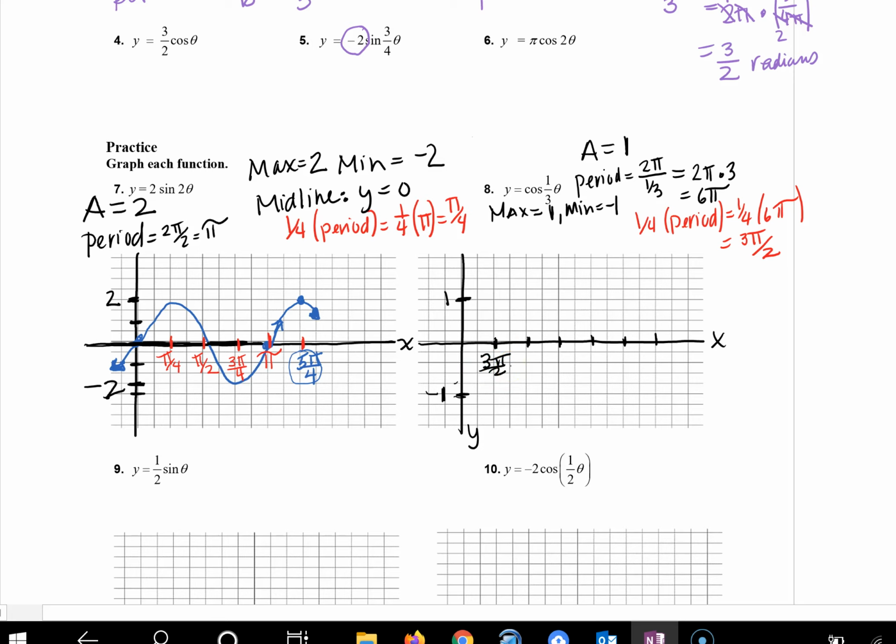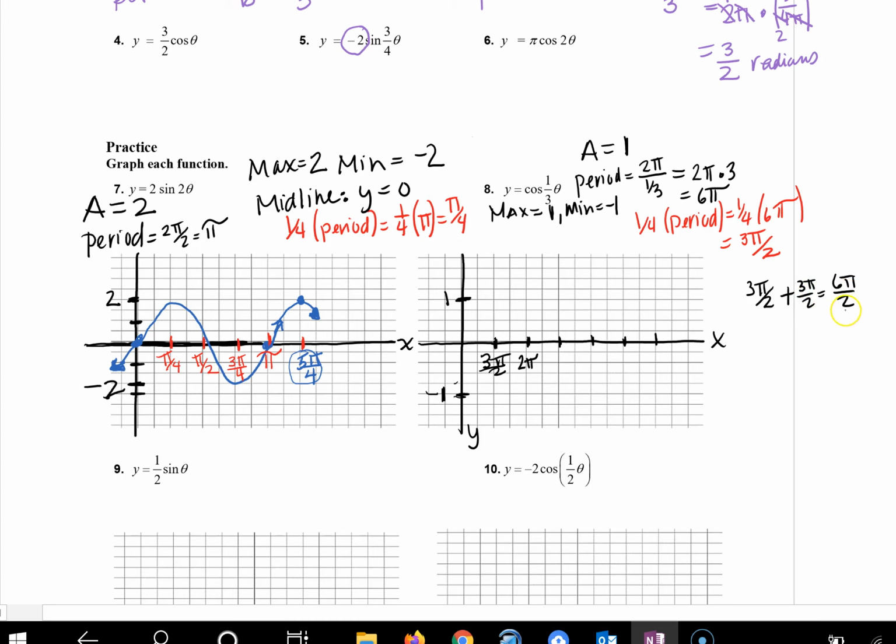I'm counting by 3/2. So 3 pi over 2, and if I add another one, that's going to put me at 6 pi over 2, which is reduced 2 pi. I started at 3 pi over 2, I added another 3 pi over 2.